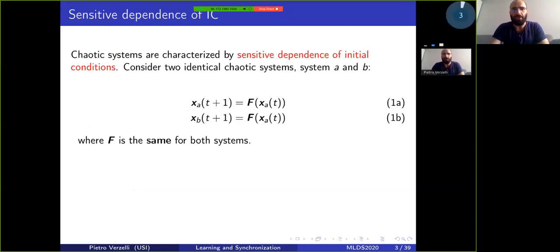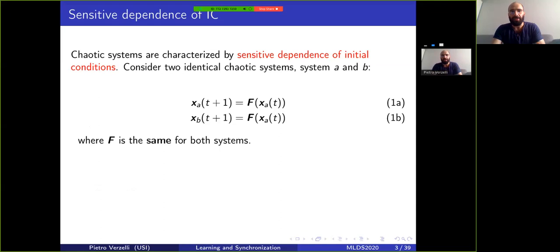So we start with synchronization. And of course, first we need to introduce the problem, discussing the role of sensitive dependence on initial conditions, because chaotic systems are characterized by it. What do we mean by that?